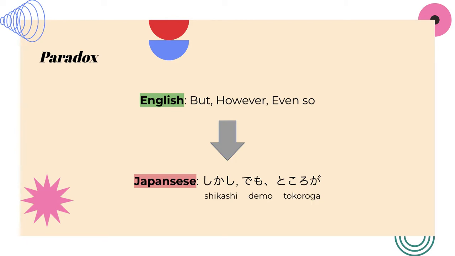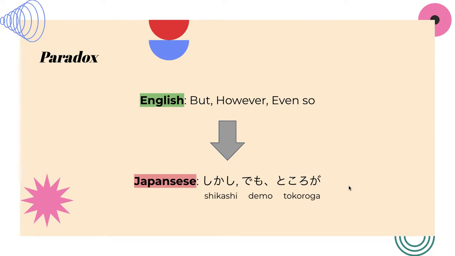To translate this in Japanese, it would be しかし、でも、ところが。Same as the previous one, there's no direct translation for each word, but you could apply every meaning to any of the words.